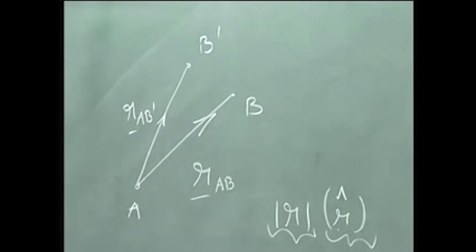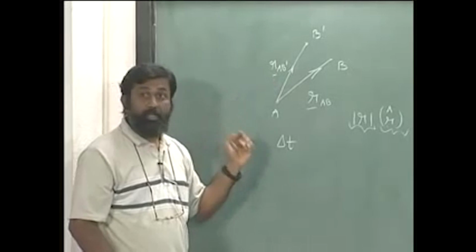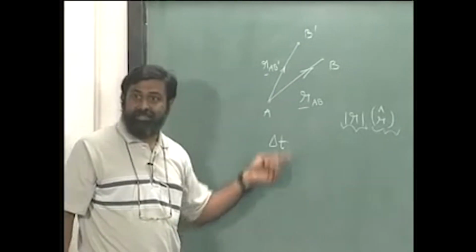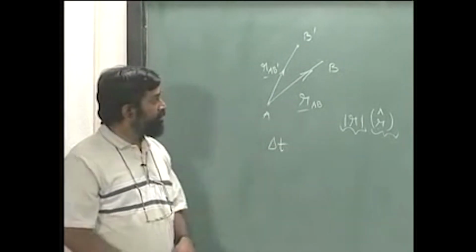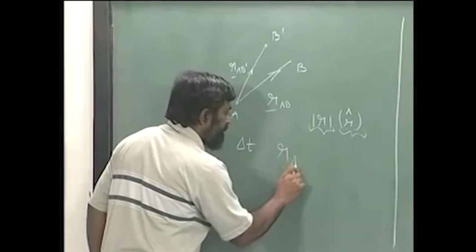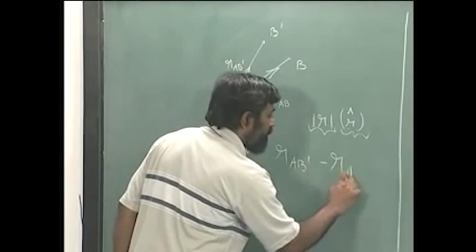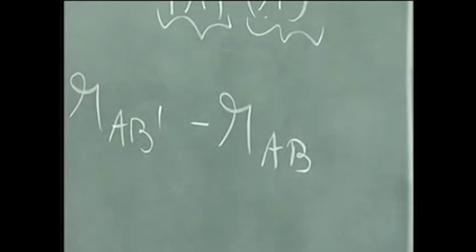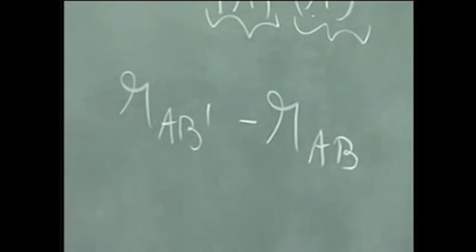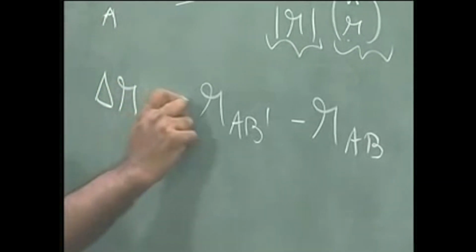So far so good. Now, I need to find out how much changes occurred in this vector. The magnitude has not changed, only the direction has changed. So, naturally if I have to find out the change, it is the changed vector minus the original vector, which will give me the change over delta t, right, and let us call that delta r.